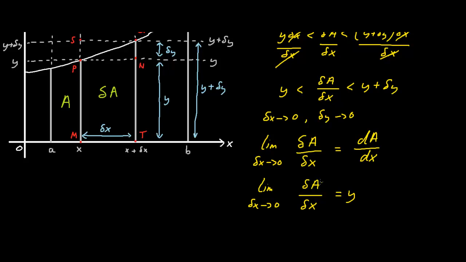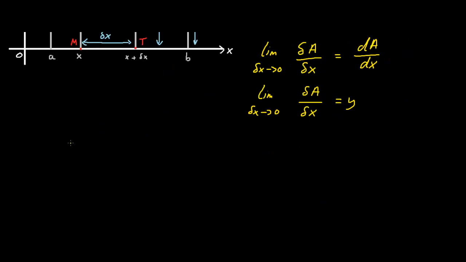Now, if you're wondering why this is the case, as I said earlier, as change in x approaches 0, change in y approaches 0. And if change in y approaches 0 and becomes very, very small, change in area over change in x practically becomes y. This is why what I've written below here makes sense.